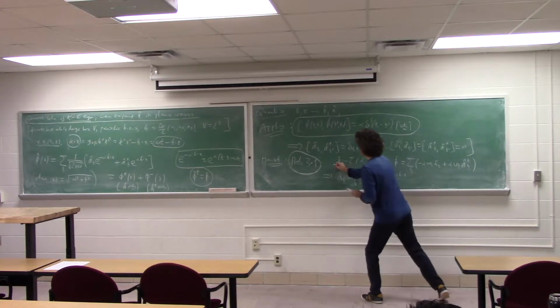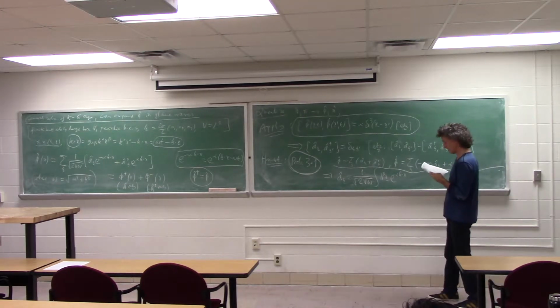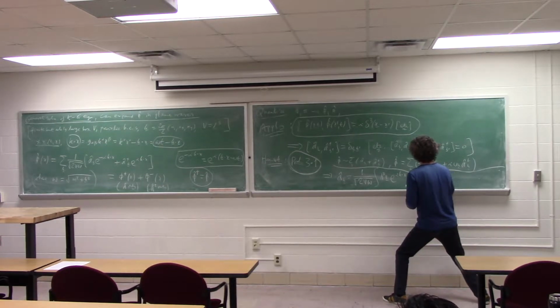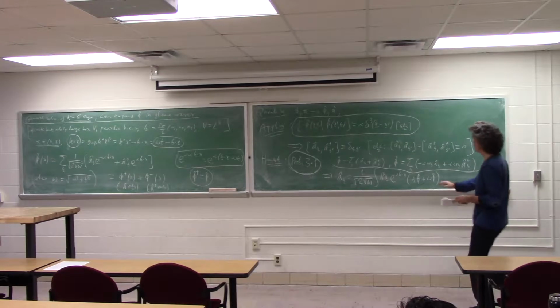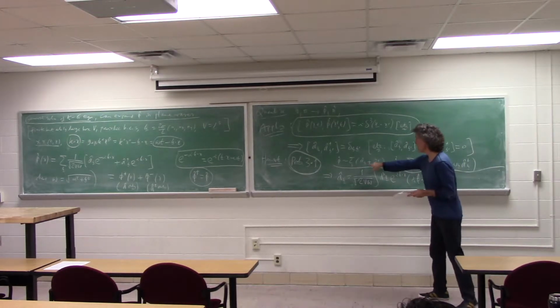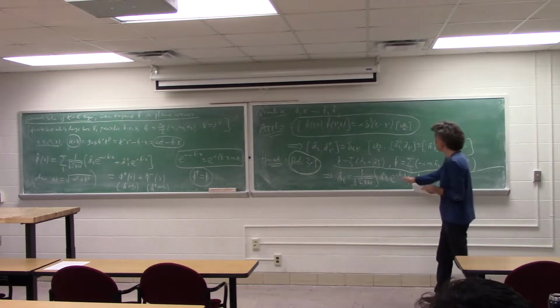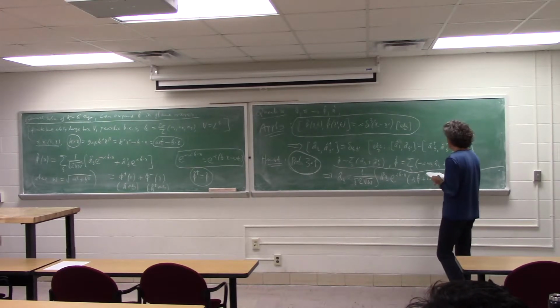Let me draw a line here to separate this off. And here we have i phi hat dot plus omega phi hat. You can invert these two relations to find an expression for A in terms of phi and phi dot, and this is what it looks like: an integral over all space of this exponential times i phi hat dot plus omega phi hat.